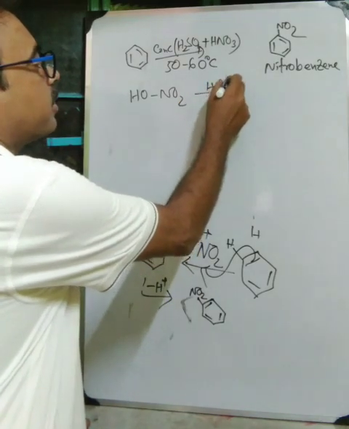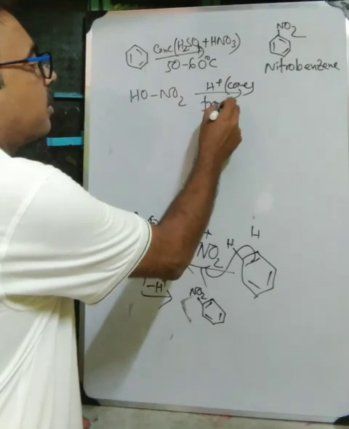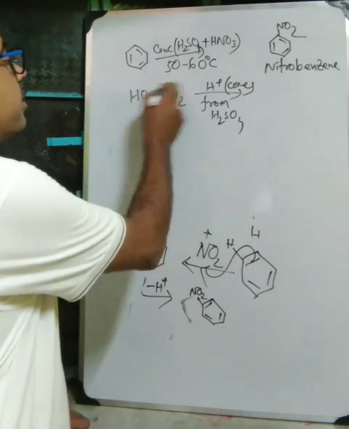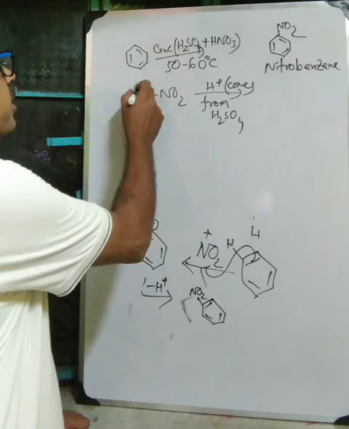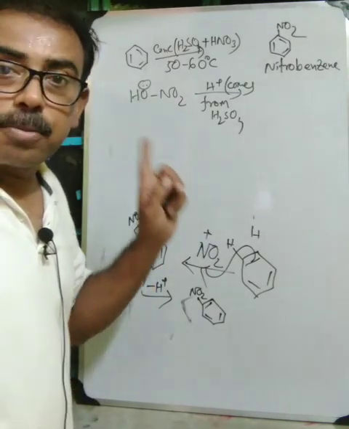So here H plus ion comes from H2SO4. Now by this H plus ion, the oxygen of this OH group gets protonated.